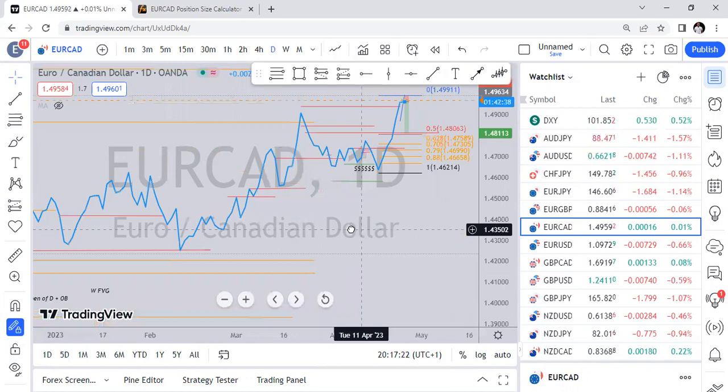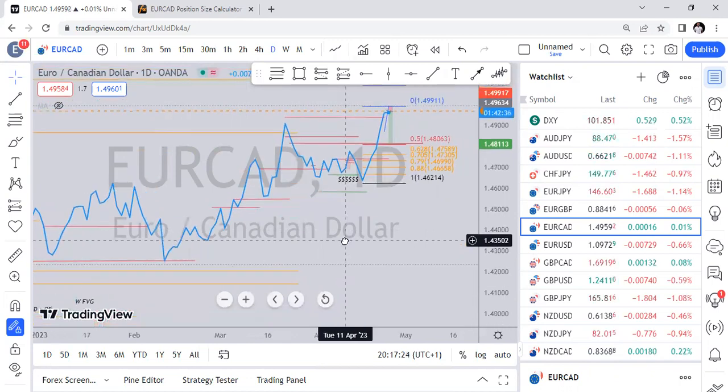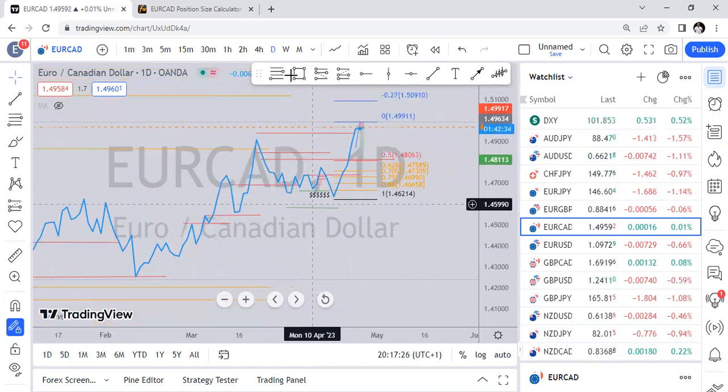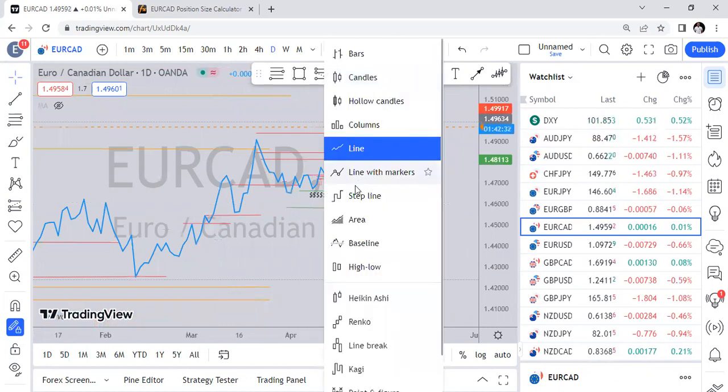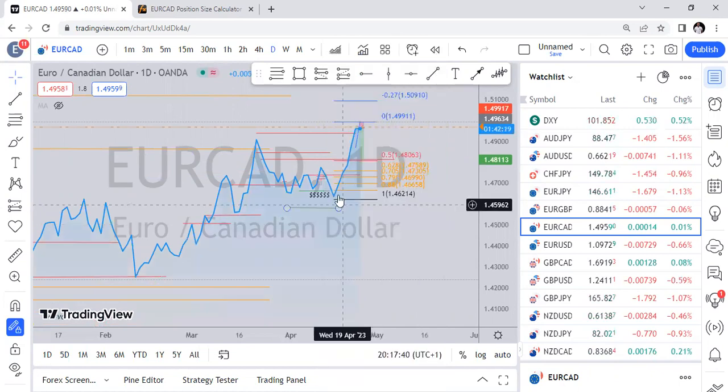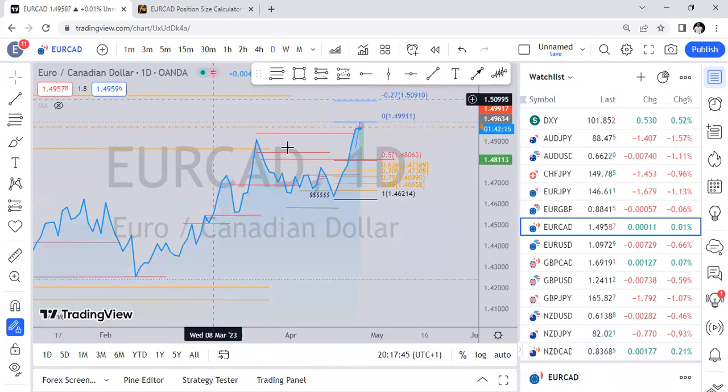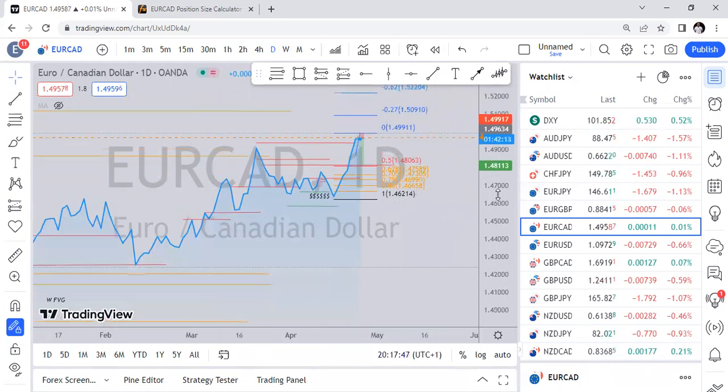This is still the same chart that we're looking at. All that we have in this drop down are just different ways of representing price. This one is area.